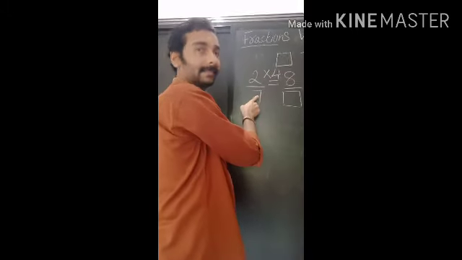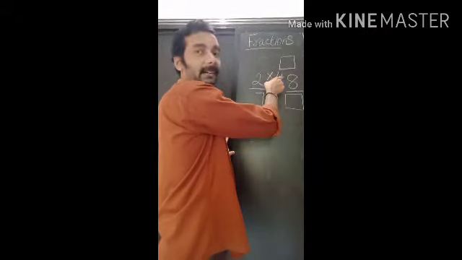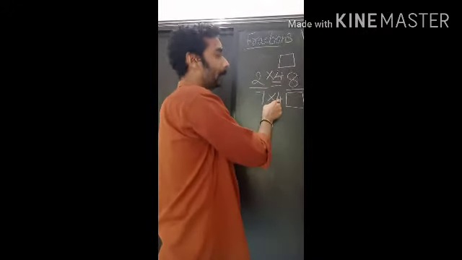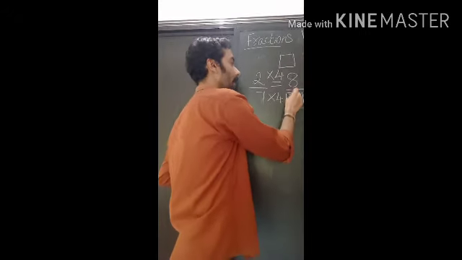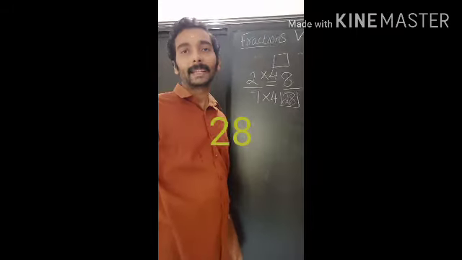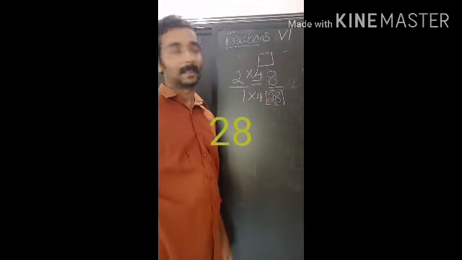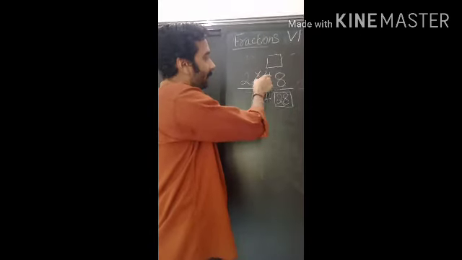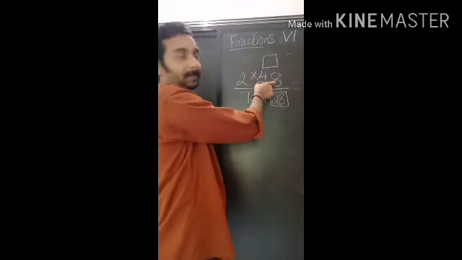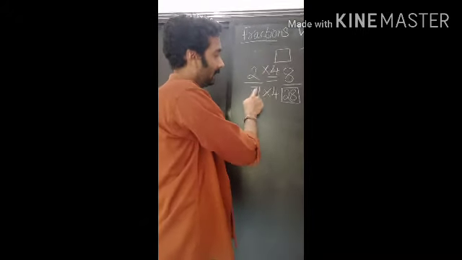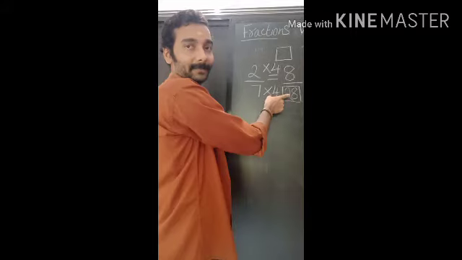This one is 7, we multiply by the same number, 4. 7 into 4 is 28. Clear? So 2 into 4 is 8, and the same number we multiply: 7 into 4 is 28. Okay.